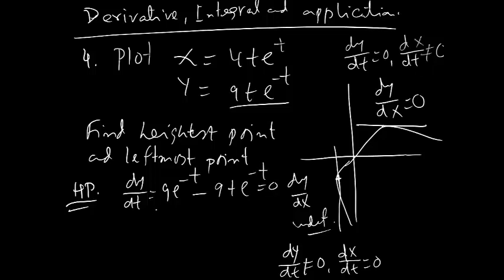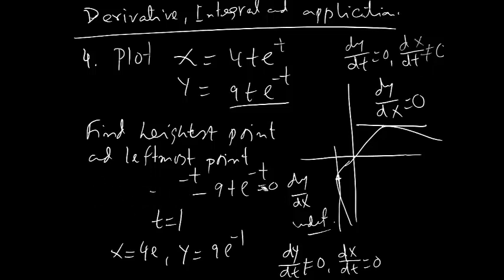Then you will see that t equals 1. When t equals 1, what is your x? x will be 4e and y will be 9e^(-1). So your highest point is (4e, 9/e), and next I'm going to the leftmost.